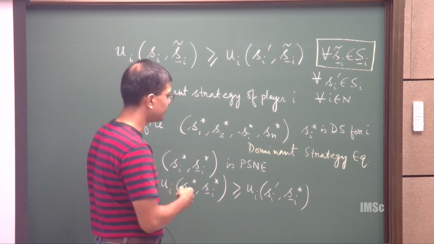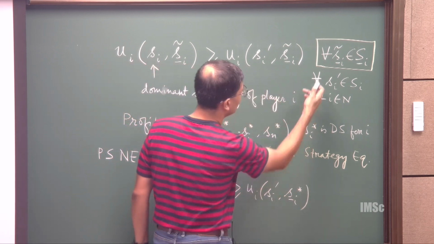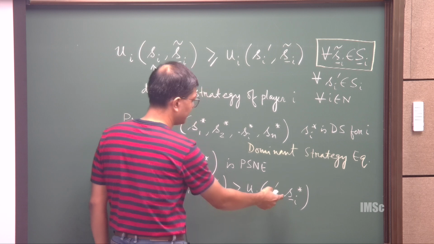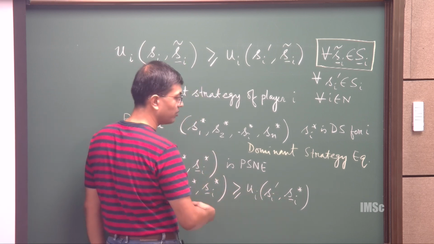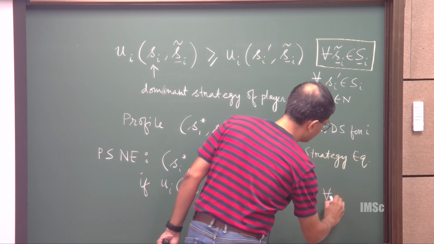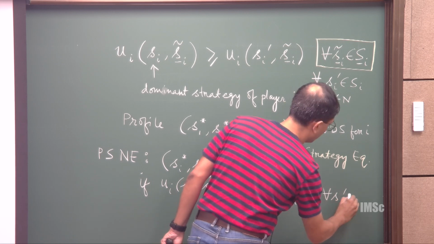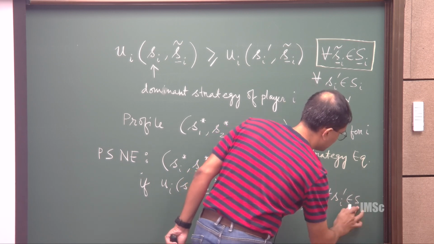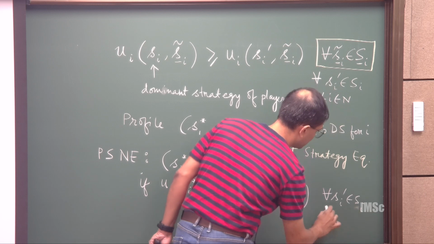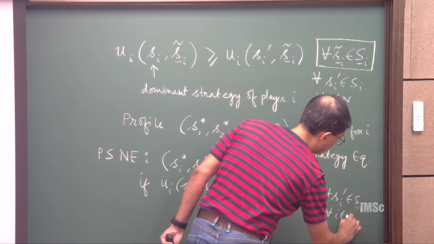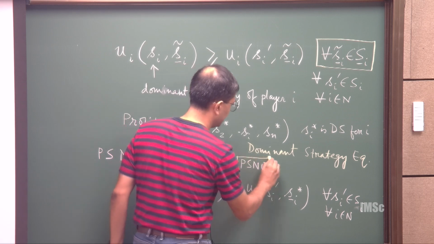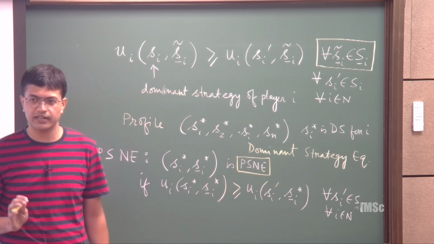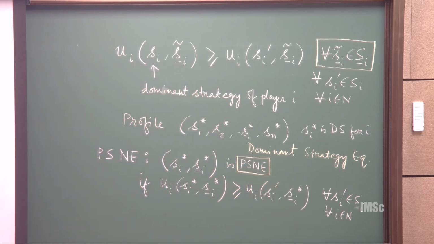So it is not for all S minus I, because this is a very distinguished S minus I star. Only for that I am saying that this inequality holds, and the rest of the qualifiers still hold, and for all the players it will also hold. So this is PSNE, this is different. Is everybody clear about the distinction?